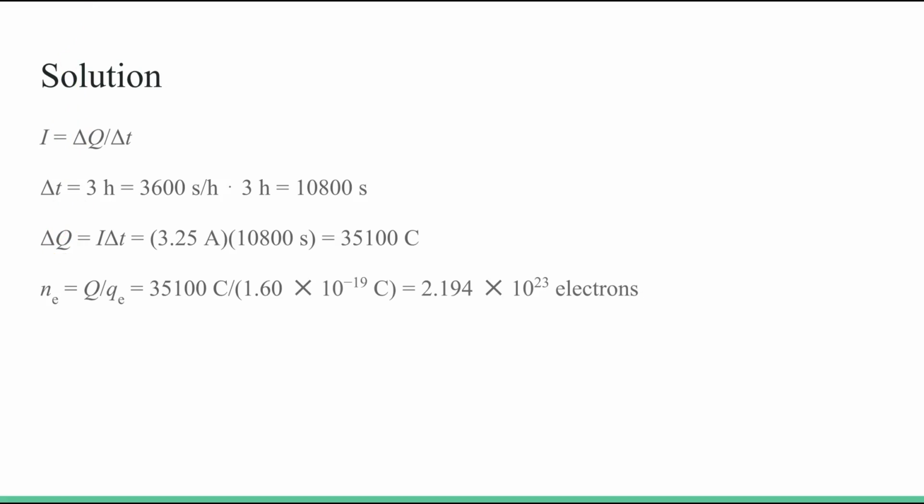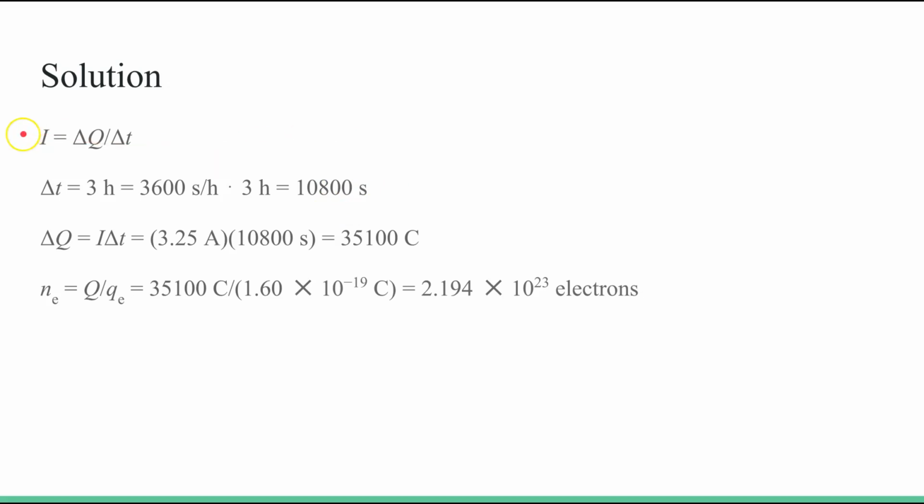We're given hours, so you can just use 3,600 seconds per hour, or you can convert from hours to minutes and then from minutes to seconds. Either way, you get 10,800 seconds. That's how long in seconds the battery was in the charger.